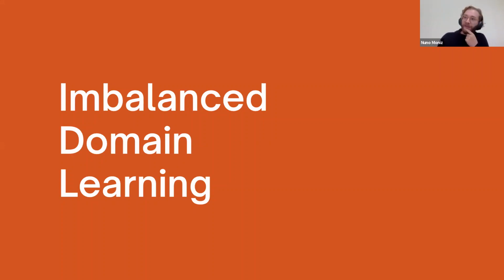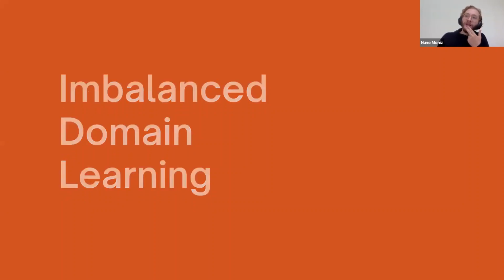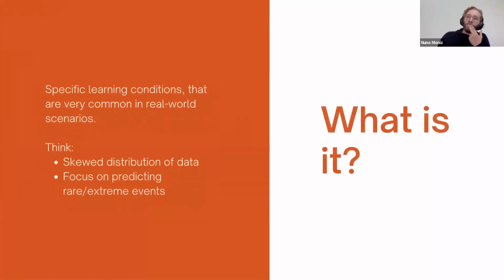This is basically what I've been focusing on for almost the last 10 years. It is a setting of machine learning tasks with specific conditions which are very common in real-world scenarios. There are two things you can keep in mind as a description of this type of task.